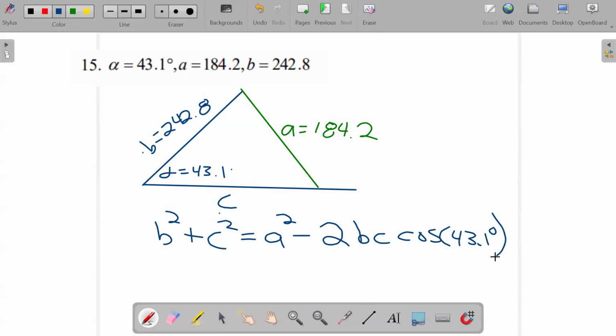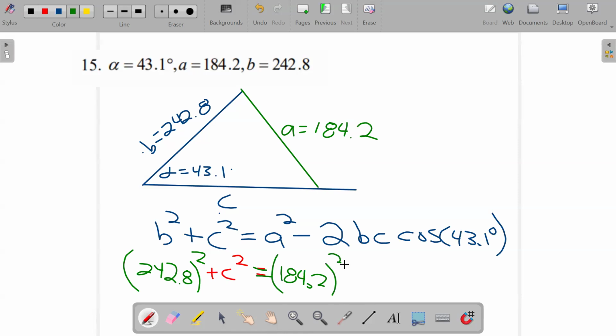And let's see, I know B is 242.8, so that has to be squared. I don't know C yet. I do know A. It's 184.2, and that has to be squared, minus 2.